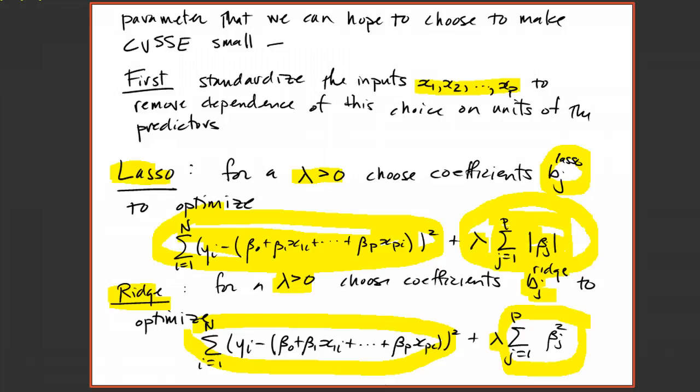You can imagine that these two are just different ways of saying I'm going to penalize myself for the size of the regression coefficients that I use.